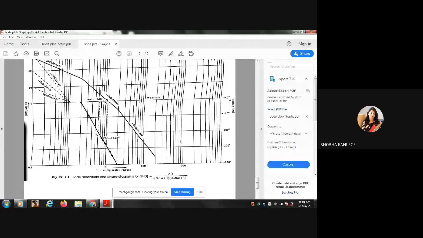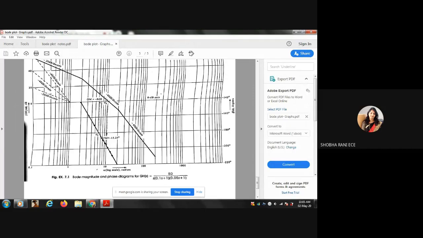You can see here this 0 dB line is intersecting the magnitude plot at some point, and that point we call the gain crossover frequency. So gain crossover frequency is the frequency where the 0 dB line will intersect with the magnitude plot. So this is your gain crossover frequency. Similarly, see where your minus 180 degree line will intersect the phase plot.